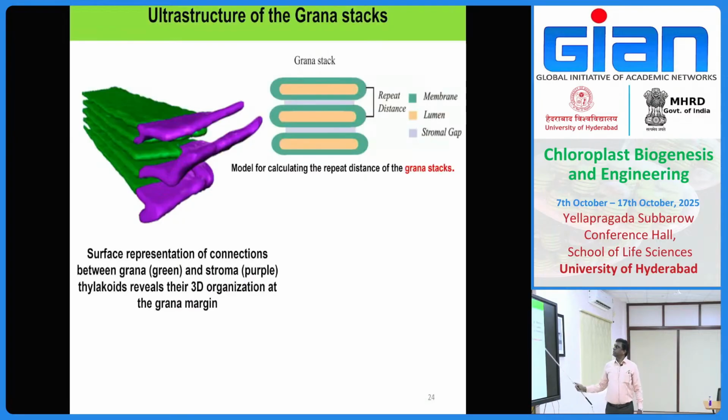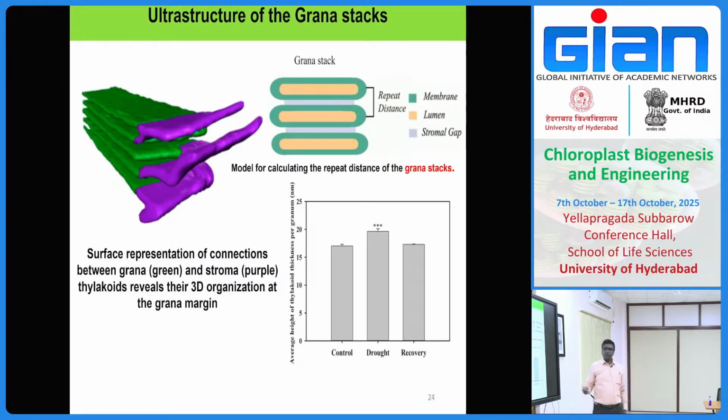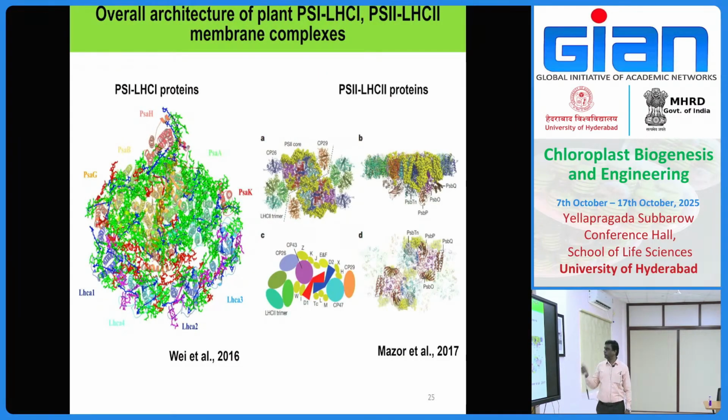Similarly, we created a model where you see the grana stacks' repeat distance. This is what I said increased: the repeat distances are increased in drought stress, again because of less water and many other factors that we have shown. Maybe you can share the paper and go through that.